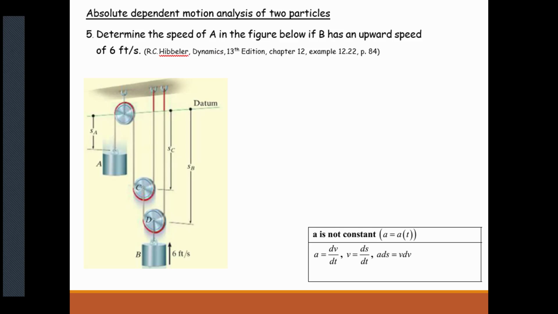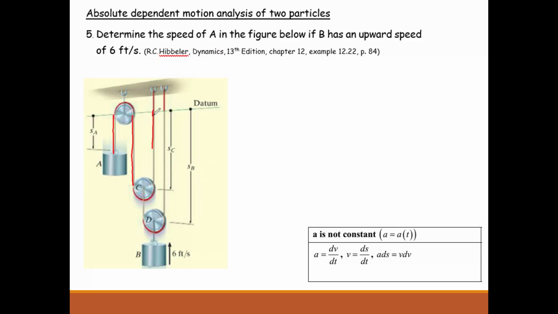The next problem is maybe more complicated because we have two ropes. For this case, we have this one to form the constraint equation, this length, and also another one, maybe the green one, to form a second length, because it's a different rope.